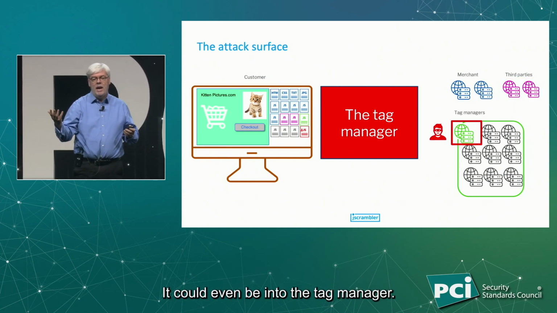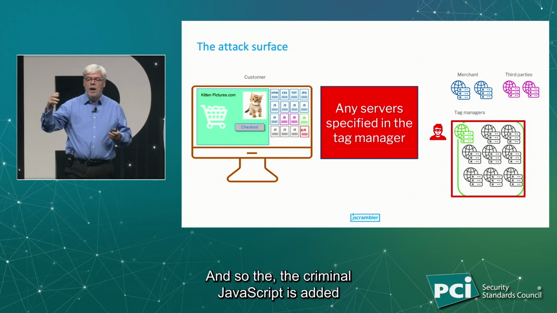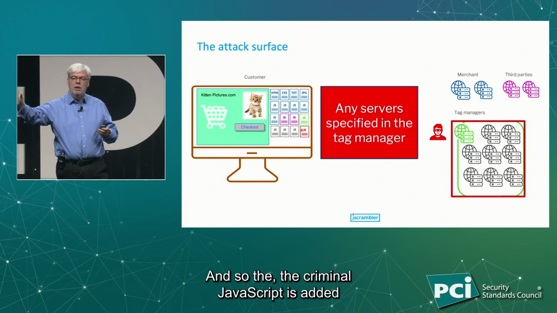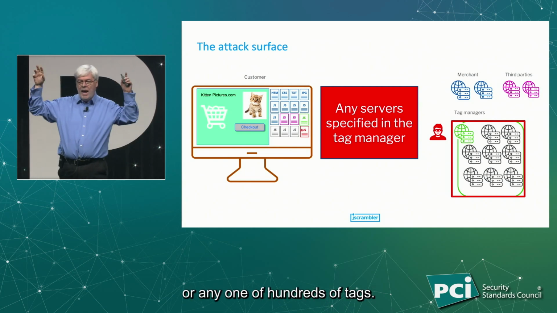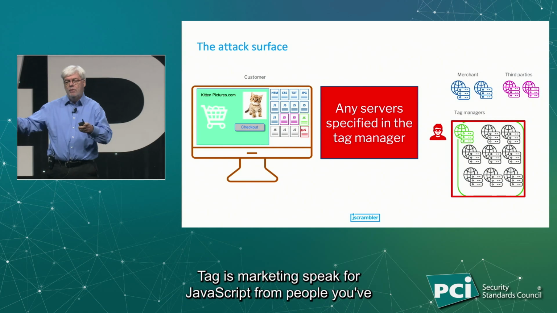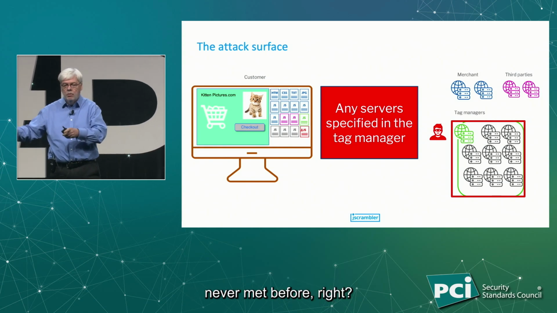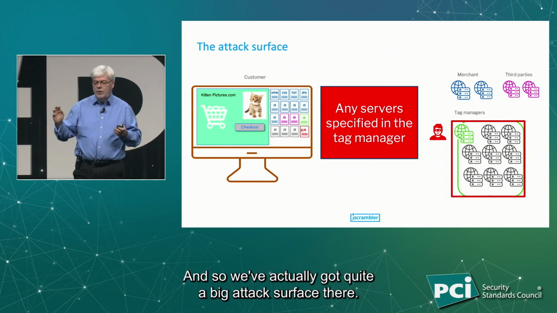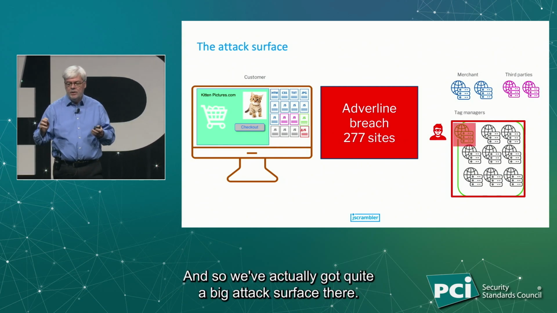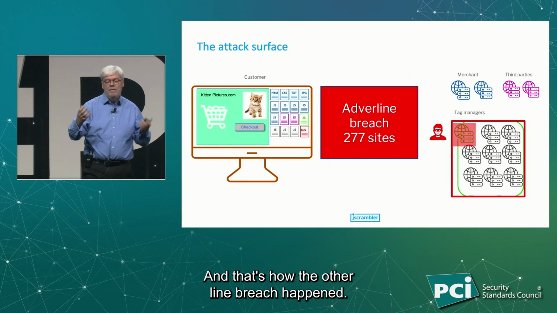It could even be into the tag manager. And so the criminal JavaScript is added to either the tag manager itself or any one of hundreds of tags. Tag is marketing speak for JavaScript from people you've never met before. Right? Any one of those could have criminal JavaScript added to it. And so we've actually got quite a big attack surface there. And that's how the Avaline breach happened.